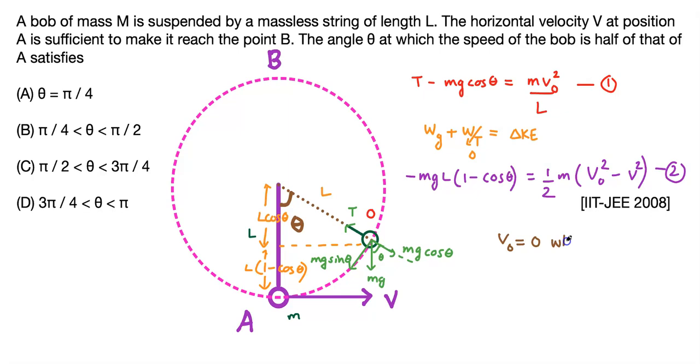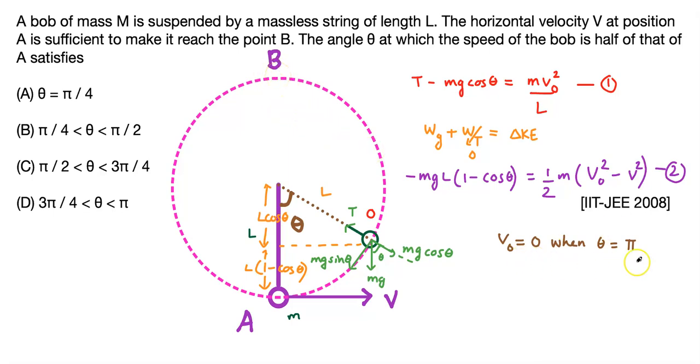Vo is 0 when theta equals pi. Theta equals pi by 2 is this point, theta equals pi is this point, right? And pi is in radians, of course. And this is the condition that we need to enforce for the bob to just barely reach point B, which is the top, right?